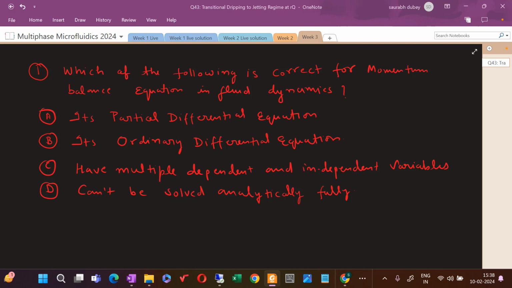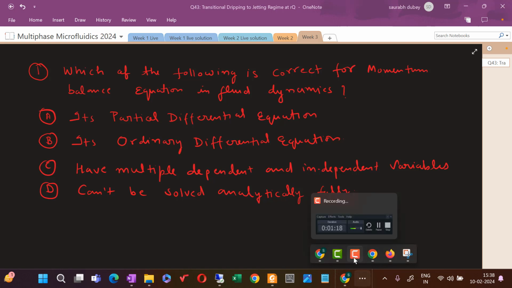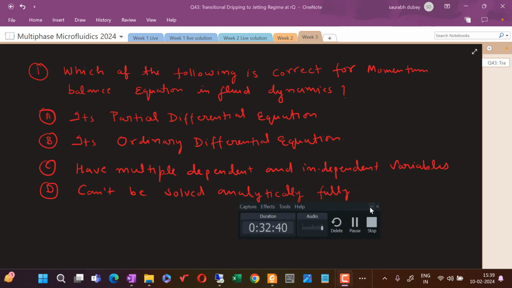Just look at the problem. If I write the Navier-Stokes equation, things will be very easy for you, but it will be good for you if you attempt it once first.